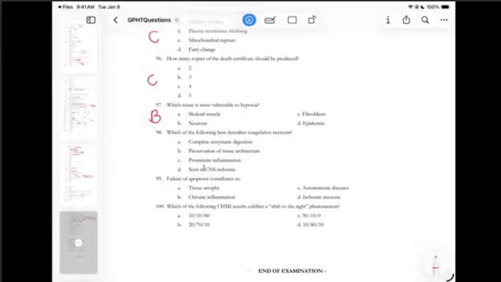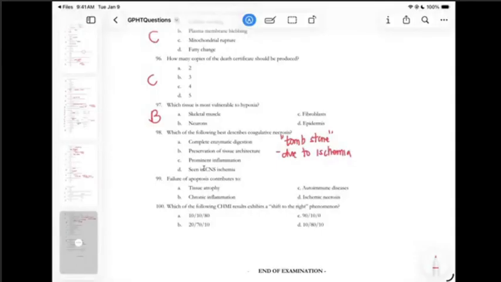98, which of the following best describes coagulative necrosis? Coagulative necrosis is the one with a tombstone appearance. This is usually due to blockage or ischemia.